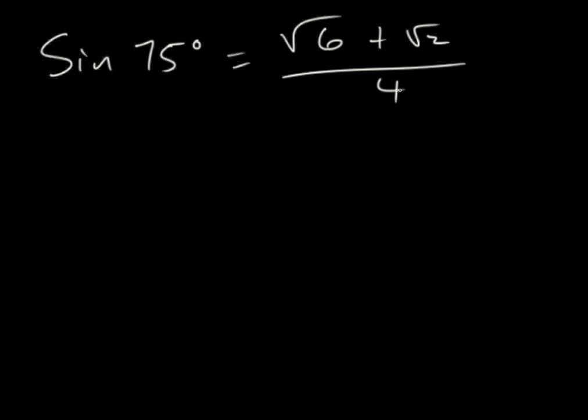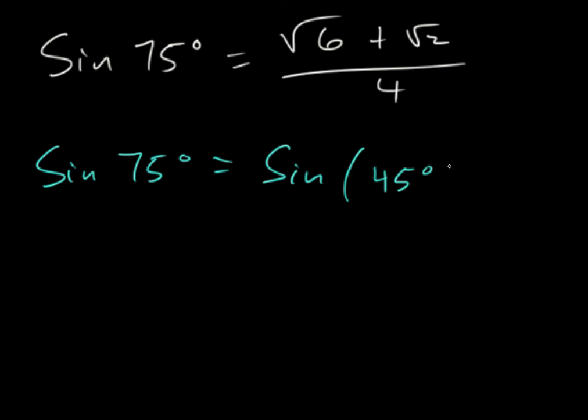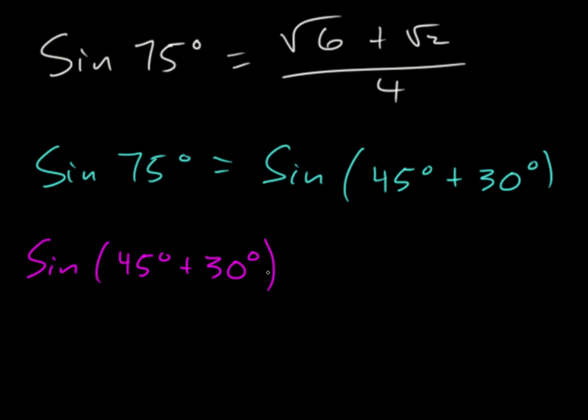Alright, so this one's a little tricky because we need to recognize that sine of 75 can be written as sine of 45 plus 30. So once we recognize that, or think of this type of approach, we can use these formulas just to figure it out.